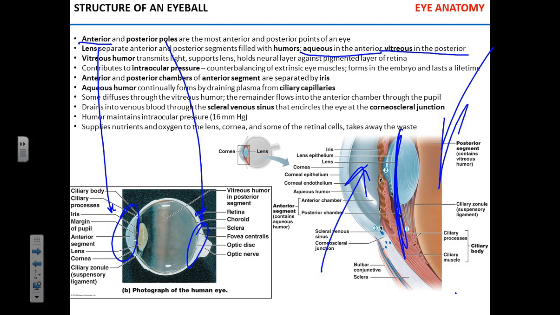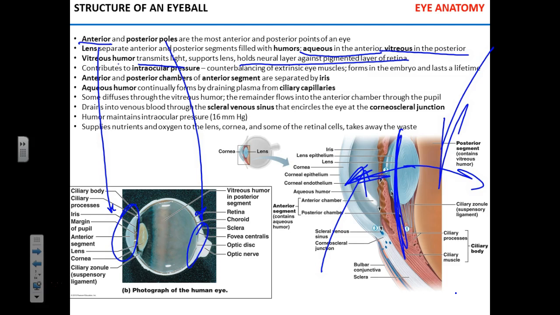There are many functions of the vitreous humor: transmission of light. It supports the lens, so it doesn't just fall back. It also presses the neural layer of the retina against the pigmented layer of the retina. We didn't talk about those layers yet, but it pretty much makes sure that the retina is anatomically intact, solid, and there are no structural alterations to it. Okay?